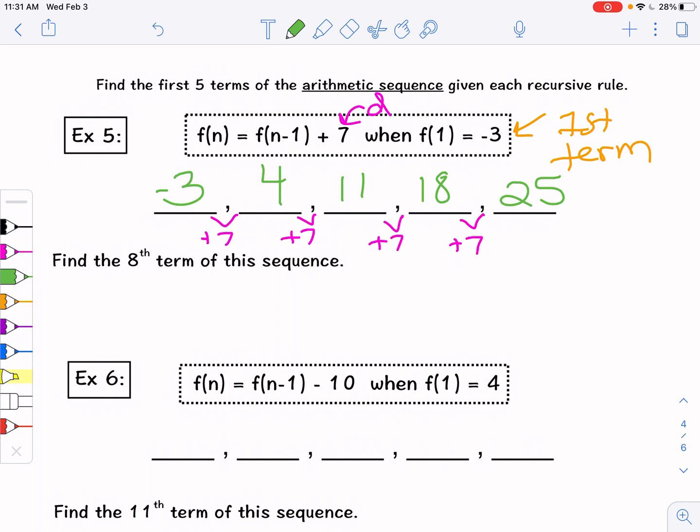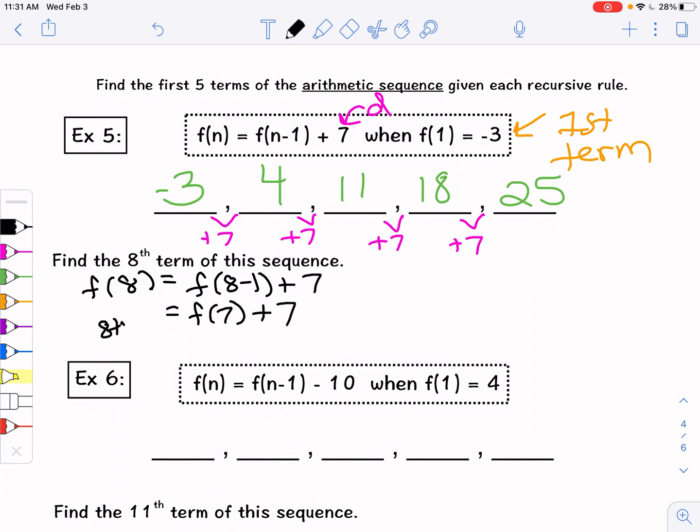So if I wanted to find the 8th term in this arithmetic sequence, I have f of 8, which is f of, if I plug it in, 8 minus 1 plus 7. So that is the 7th term plus 7. So the 8th term equals the 7th term plus 7. So I need to add a couple more slots here.